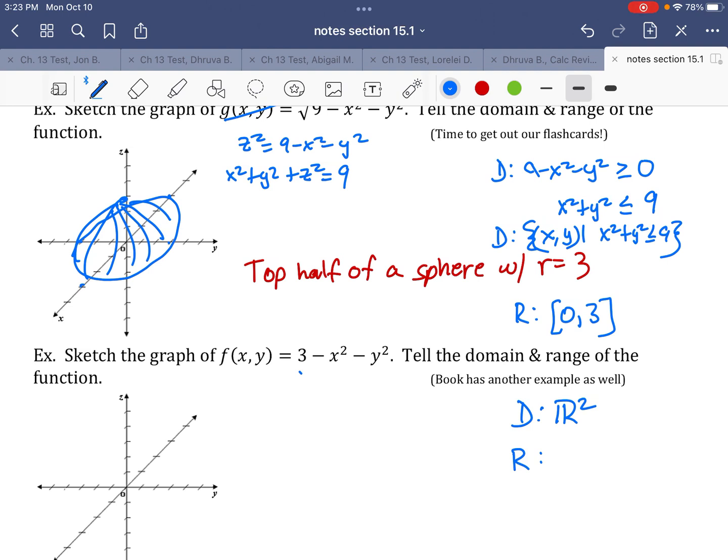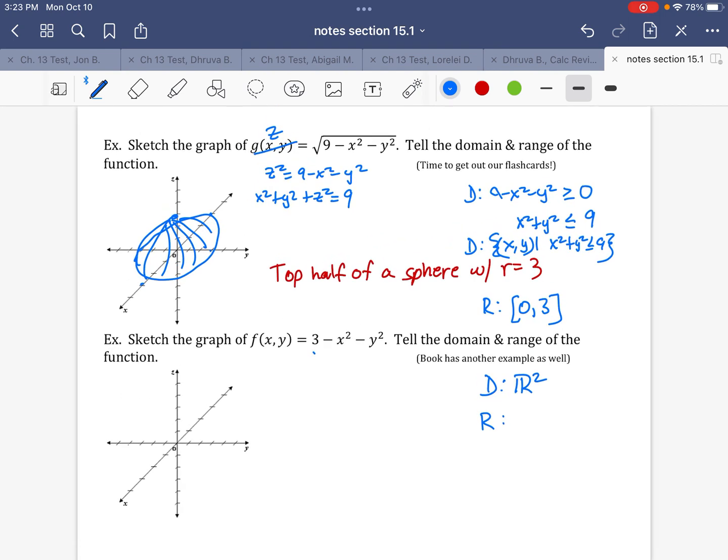So the easiest case scenario, x and y are 0. So the highest I'm ever going to get is 3 because I'm always taking stuff away from 3. I'm always going under 3. So it seems like my range here, and we'll prove it by the picture, is everything from negative infinity up until 3. Okay, all right, so let's take a look. If this one, I can use my trace curves I did earlier.